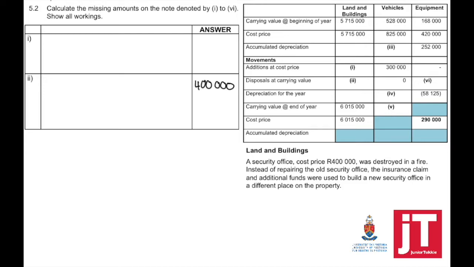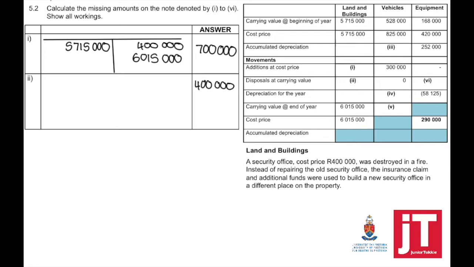To calculate number 1, we can draw a T account. The cost in the beginning minus the disposal, which will then appear on the credit side, minus the cost at the end equals 700,000, which will be my additions.